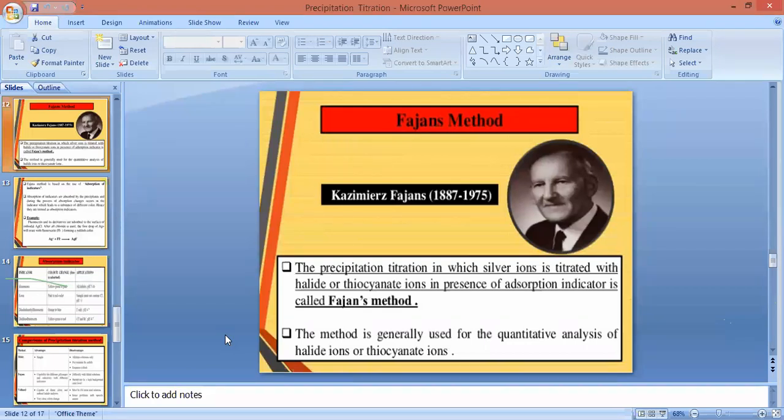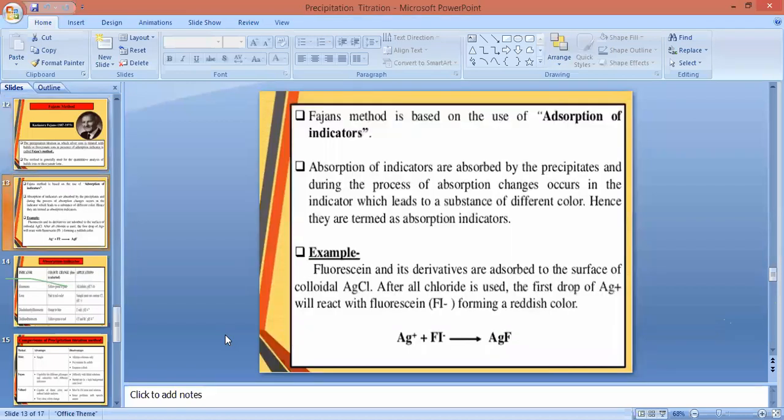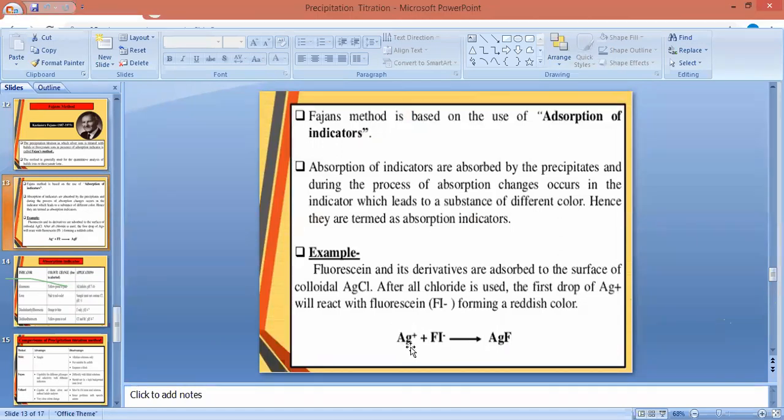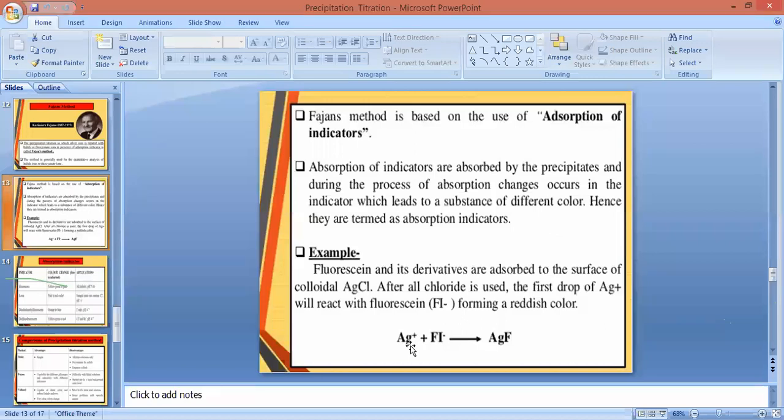Due to the conversion of analyte into precipitate form, there is adsorption of the indicator over the formed precipitate and color change occurs. When an excess drop of standard precipitating reagent is added from the burette to the contents in the conical flask, the fluorescent indicator reacts and formation of AgF takes place.